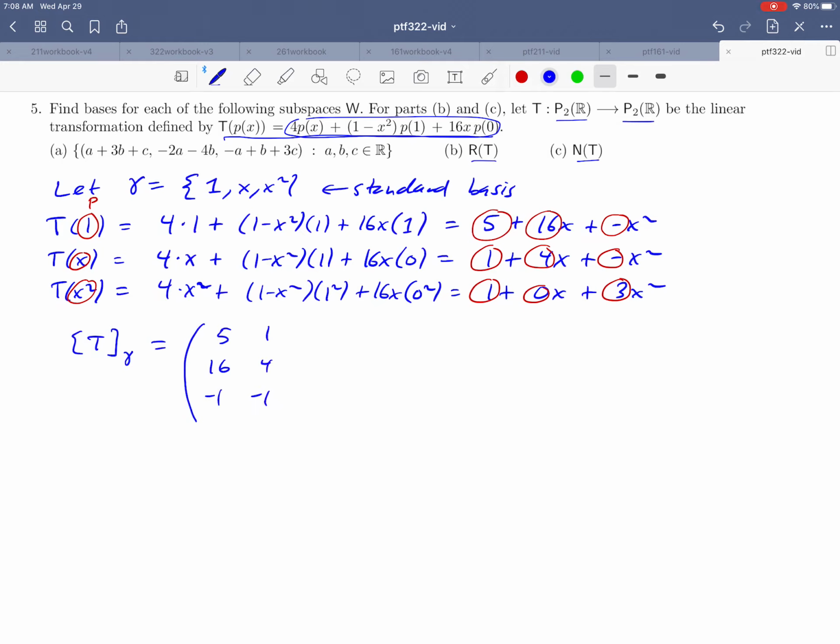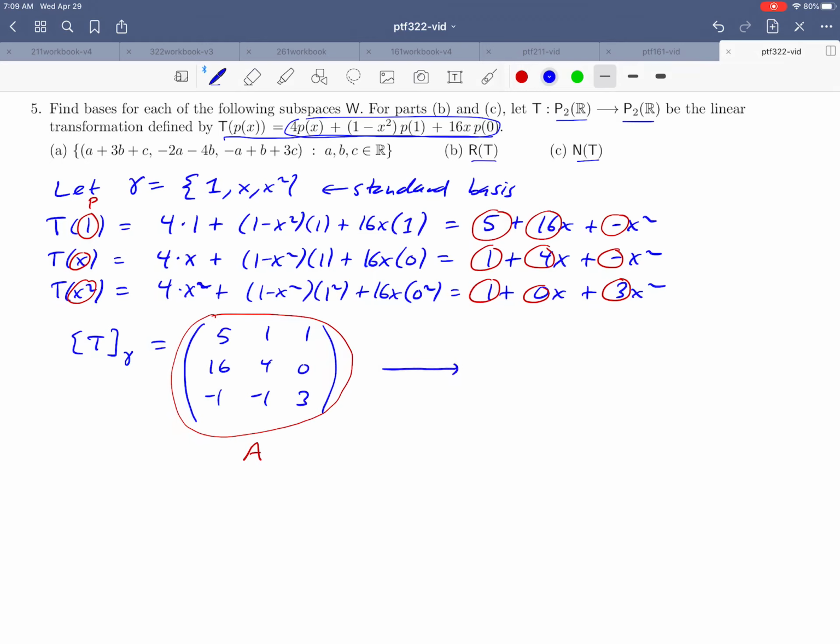Then 1, 4, negative 1, and then finally 1, 0, and 3. Just for convenience of notation, I'm going to give that matrix a name and call it A. If I refer to A later in this problem, I'm just referring to the matrix of this transformation that we found.